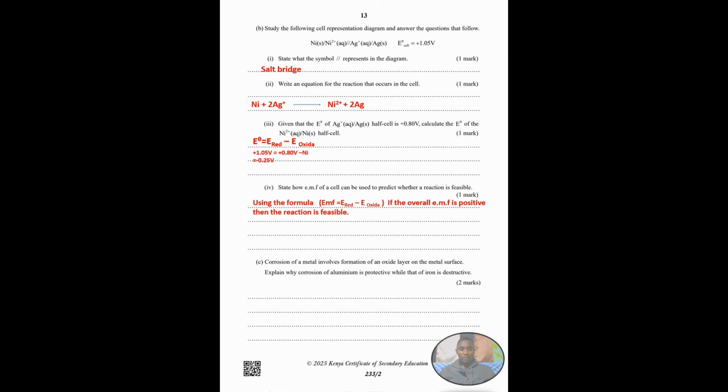Moving to the next question. Corrosion of a metal involves formation of an oxide layer on the metal surface. Explain why corrosion of aluminium is protective while that of iron is destructive. Remember, aluminium forms an oxide, aluminium oxide, which does not wear out.